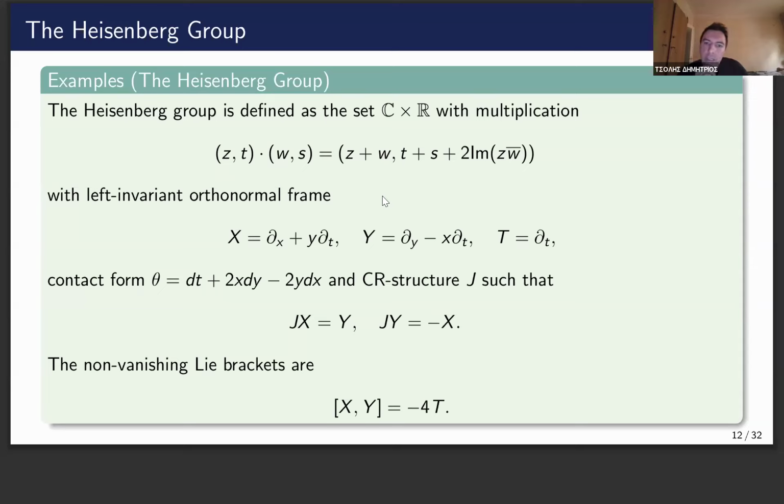And so Ilya, who's also an organizer of this seminar, created this nice animation of how the horizontal distribution of the Heisenberg group varies as we move along the points inside the manifold. So we can show you this animation.